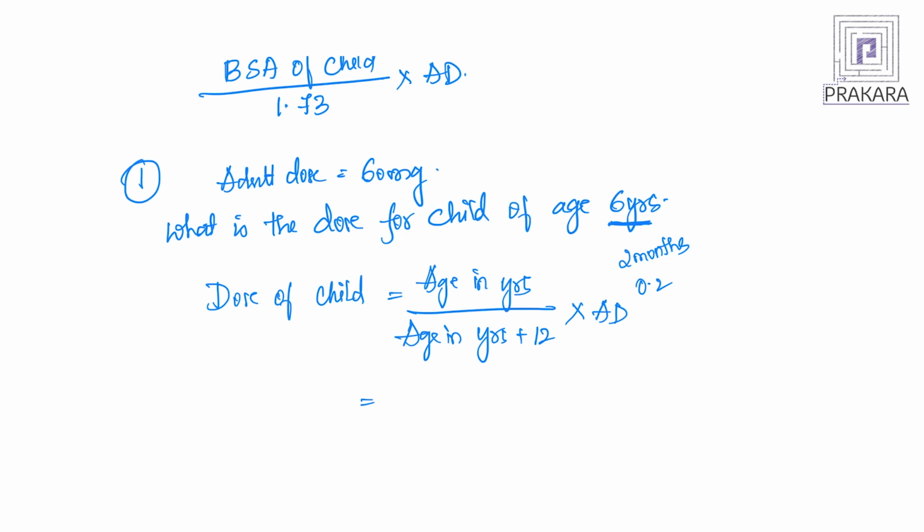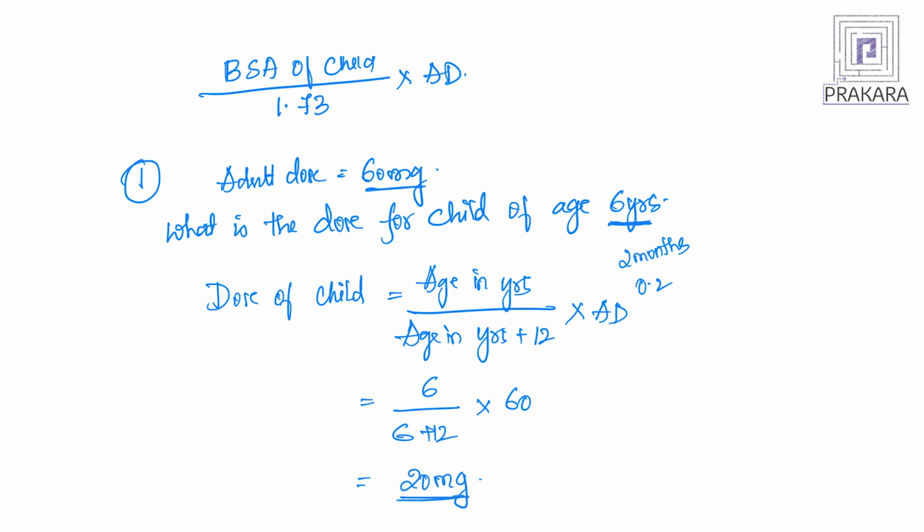Now we replace these with the figures we have. Dose of the child is equal to 6 years divided by 6 plus 12, into the adult dose, given as 60 mg. If you solve this, you finally get the value as 20 mg.